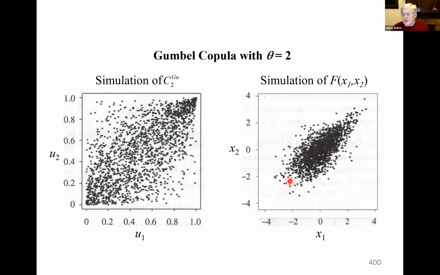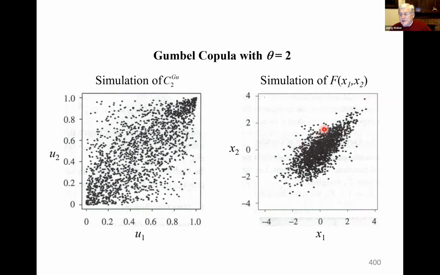And what you see here is that it's no longer looking normal. What we have is upper tail dependence. If we have a high draw in X1, it's likely to have a high draw in X2. So two random variables are related in that sense. A large value of X1 makes it likely that we also have a large value of X2.